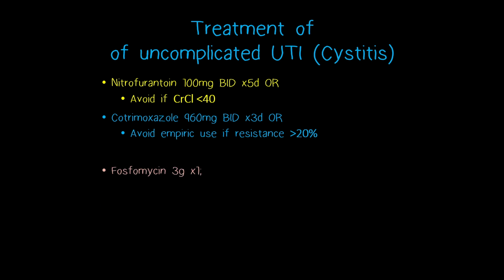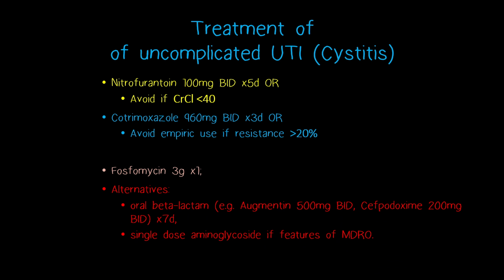The other is fosfomycin 3 gram stat, and the other alternatives include oral beta lactams and also a single dose of aminoglycoside if there are features of a multi-drug resistant organism.